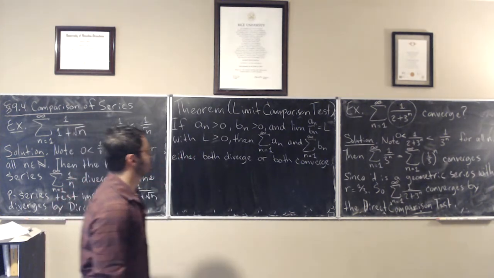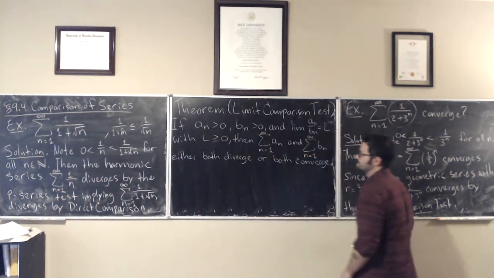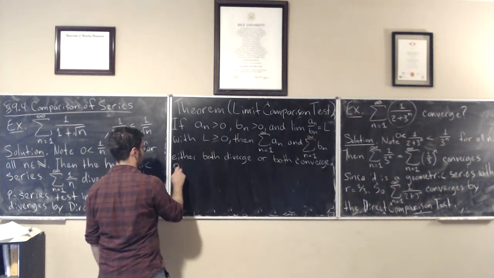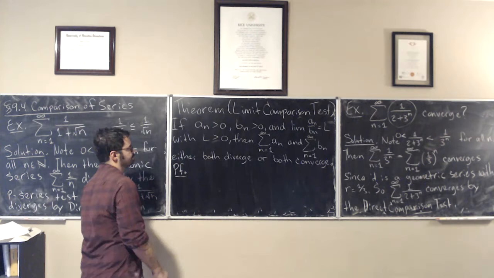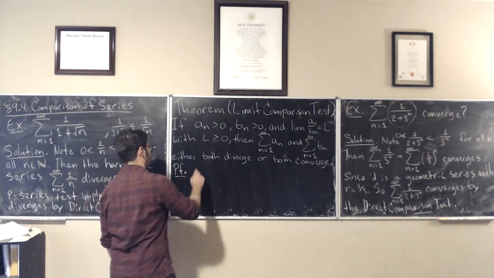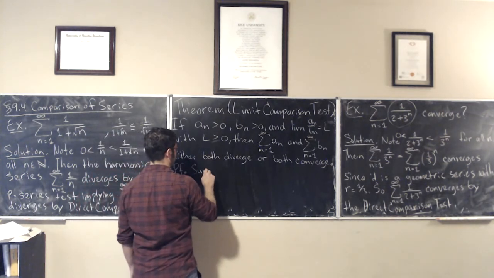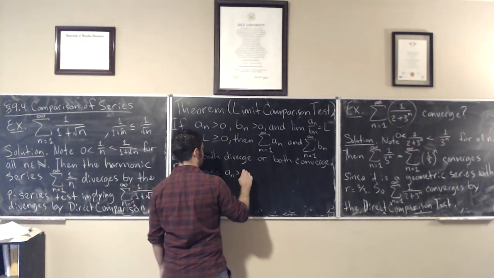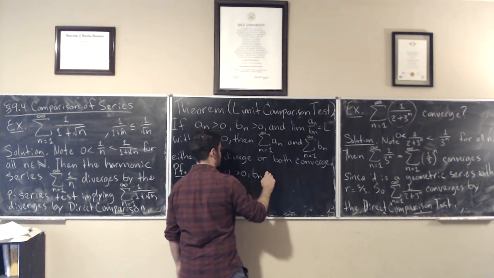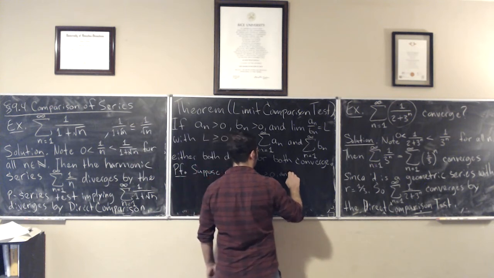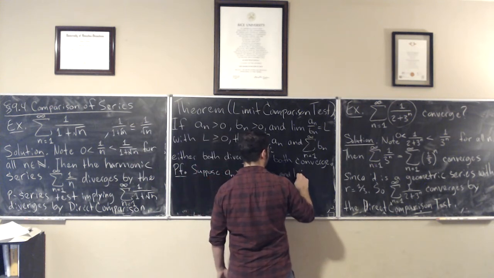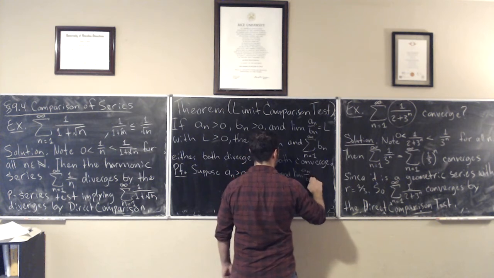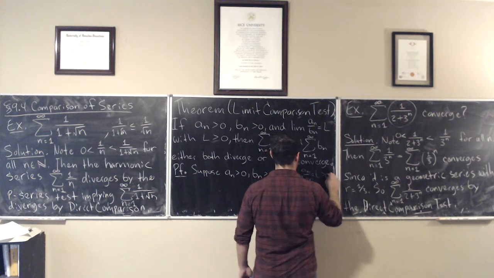All right, so that's the limit comparison test. Now, I suppose I'll prove this one. Suppose the hypothesis, which says that a sub n is greater than 0, b sub n is greater than 0, and the limit of a sub n over b sub n equals L, which is greater than 0.